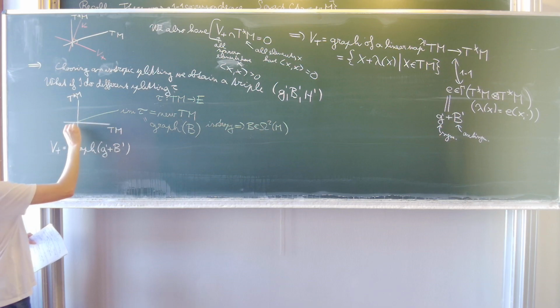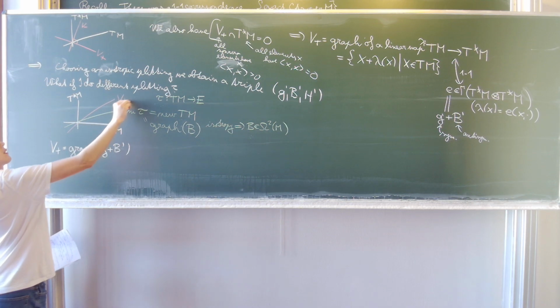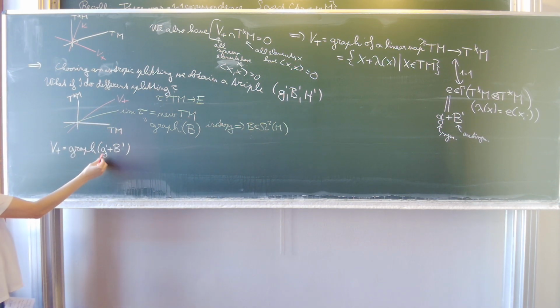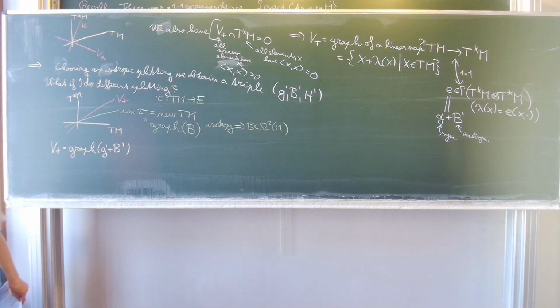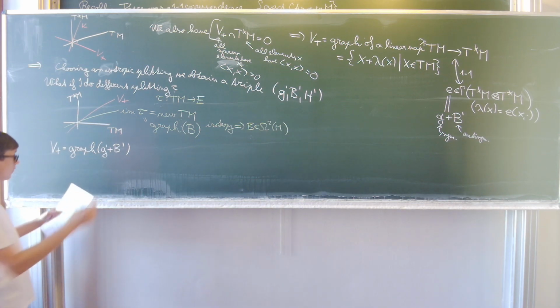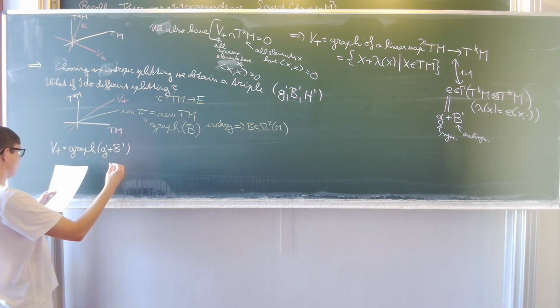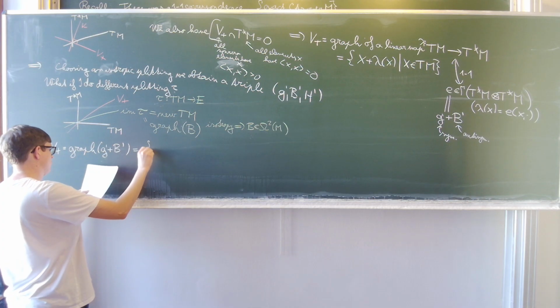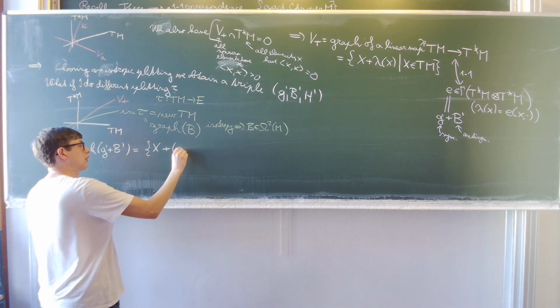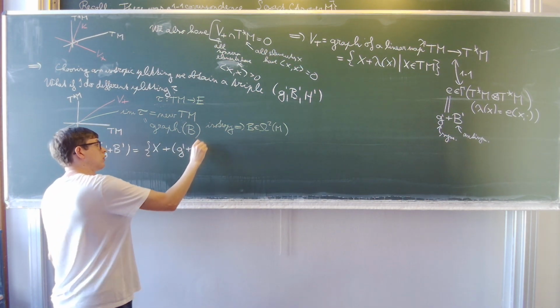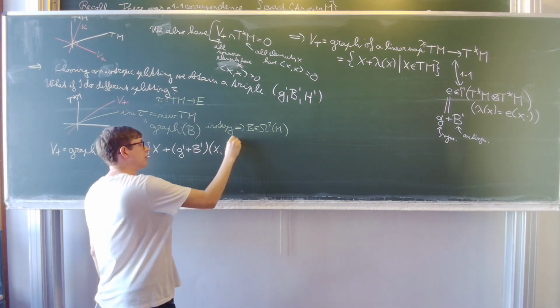So we had some B plus here, and we saw it as a graph of this, which is to say this thing, where I insert this thing in the first form.